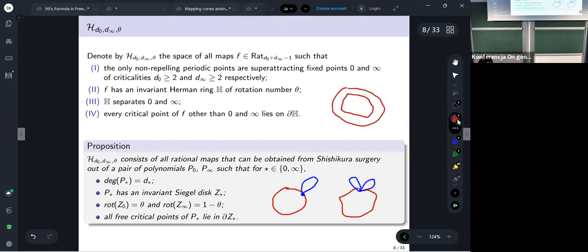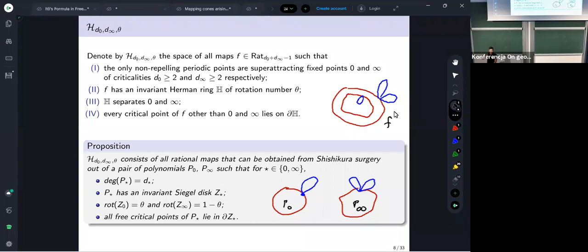And then we have 3 critical points that are free. So one of them is the one inside, and there are 2 of them outside. So in this case, it would be P0, P infinity, and the map F is this guy, basically.